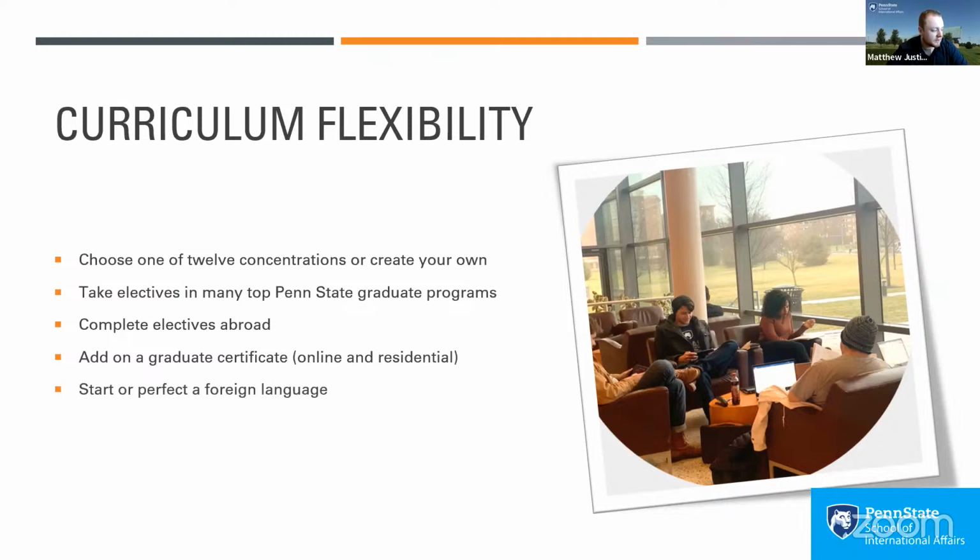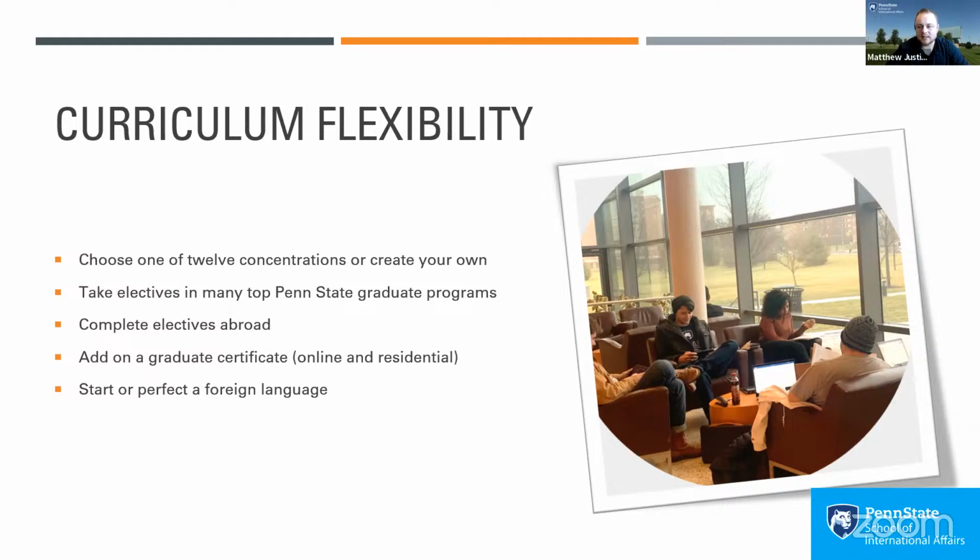You can start or perfect a foreign language. I would say about 50% of our students come in knowing another language other than their native language, and about 50% come in not knowing any other language. At Penn State, specifically at SIA, we require you to have the fourth level completed of any language, which we deem to be intermediate proficiency.